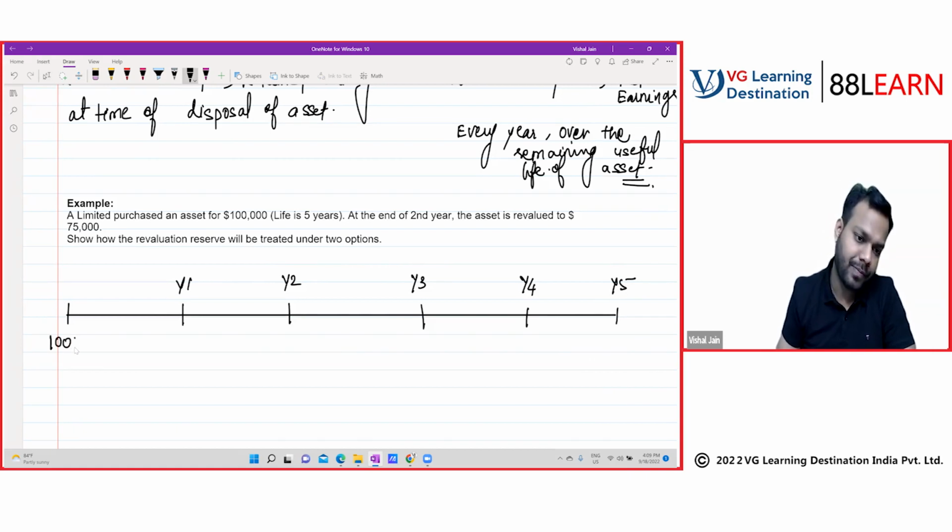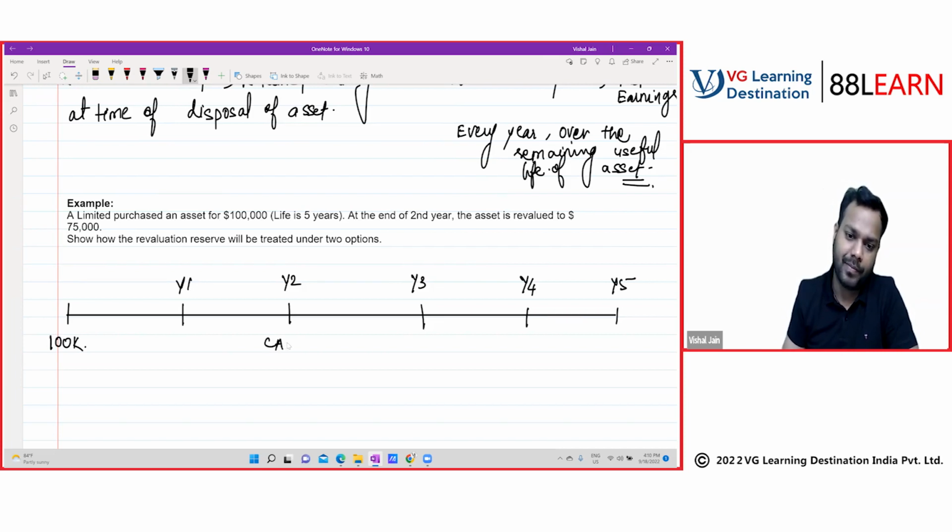Cost is 100,000. So what is the depreciation per year? Tell me. Safa, you will tell me. Okay, answered. Safa, you understood, right? Subham, you understood, right? Okay, fair enough. Now, what is the carrying amount?